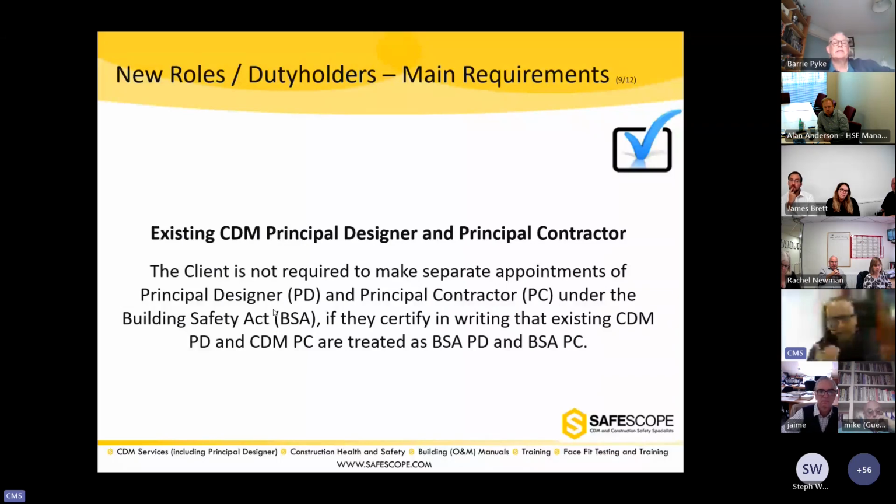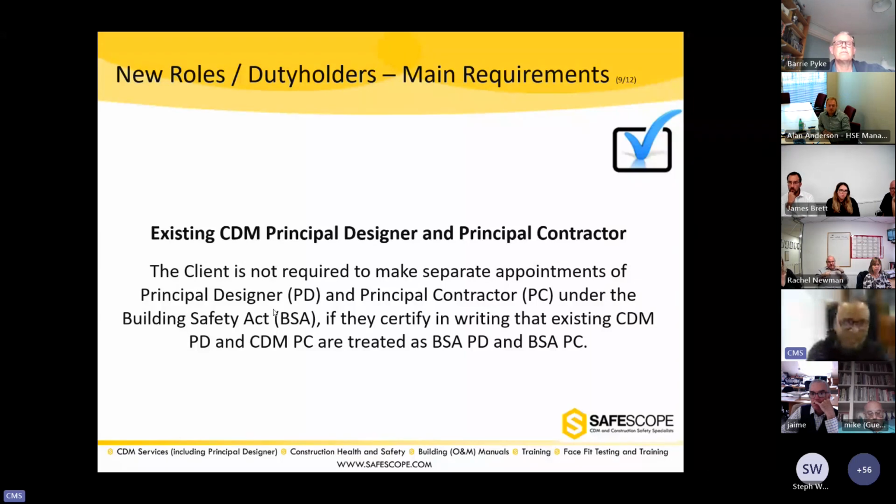Now, existing CDM principal designers and principal contractors. Regulations also say if the client has already appointed a CDM principal designer and CDM principal contractor, then they can certify in writing to say that the existing principal designer and existing principal contractors are to be treated as the PD and PC under Building Safety Act, which is fine, but a client can't certify that without asking the individual or organization who's already been appointed.